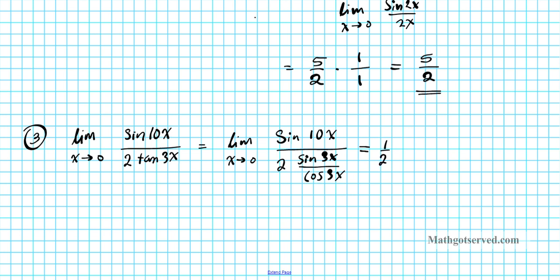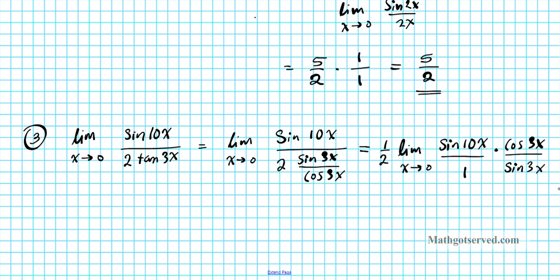So we have 1/2 of the limit as x approaches 0 of sine 10x, and we can multiply by the reciprocal of this fraction, times cosine 3x over sine 3x, because when you divide by a fraction, it's the same thing as multiplying by its reciprocal.